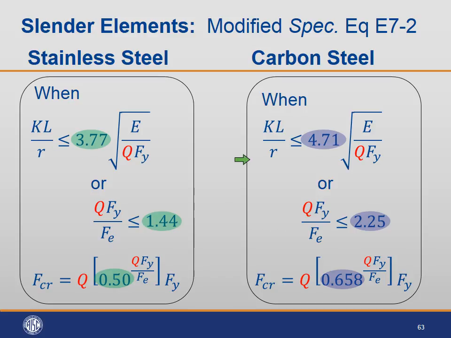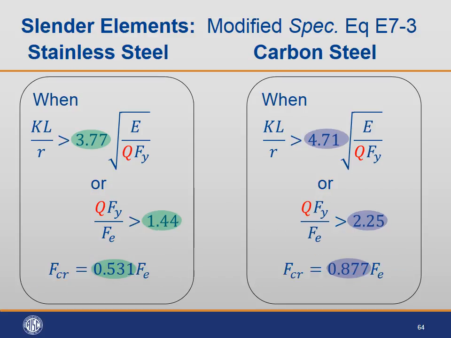But the reduction in the coefficients is exactly the same. 4.71 becomes 3.77. And likewise for equation E7-3, the same numbers with the Q factors.